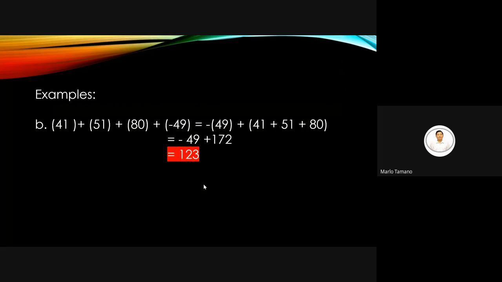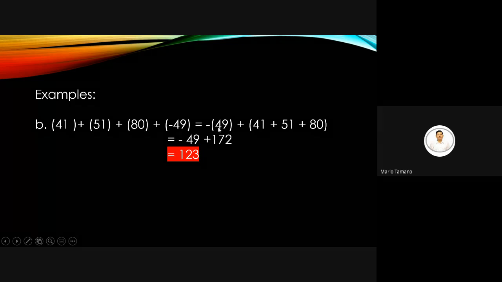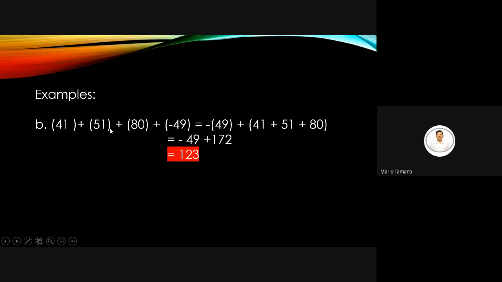Next. B. 41 plus 51 plus 80 plus negative 49. Apat pa rin po, ano? Then, of course, we have here the negative 49 plus 41 plus 51 plus 80. So, you bring down the negative 49 plus the sum of this 41, 51, and 80 is 172.